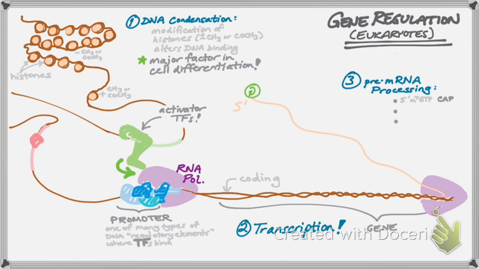The second thing that's done to this pre-mRNA is to add what's called a poly-A tail to the 3' end. So we're going to snip off the very end, and then a weird polymerase is going to add a bunch of A's to the end of the RNA. And what this ends up helping is it helps keep the mRNA from being degraded.